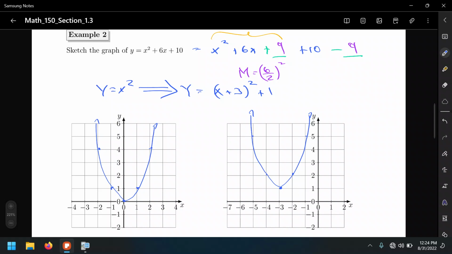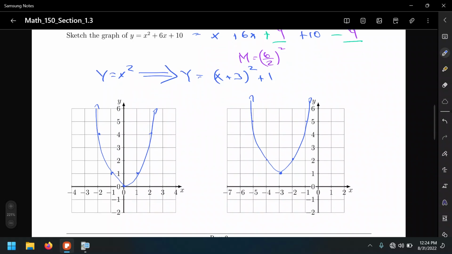Now, if you wanted to plot this function using a table of values, you now have a picture, so you can choose the convenient values. I would graph the function from -5 to maybe -1 or 0.